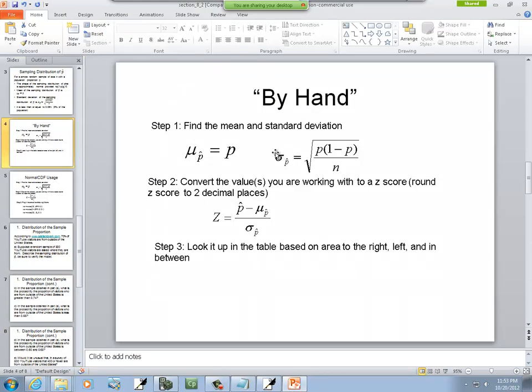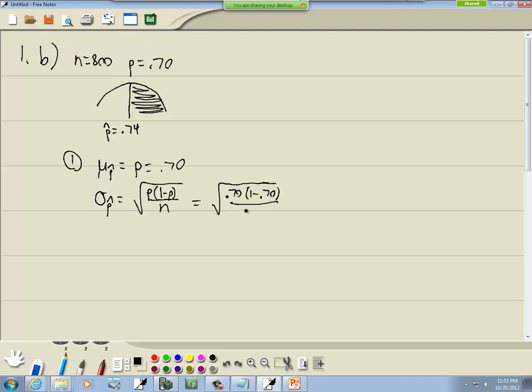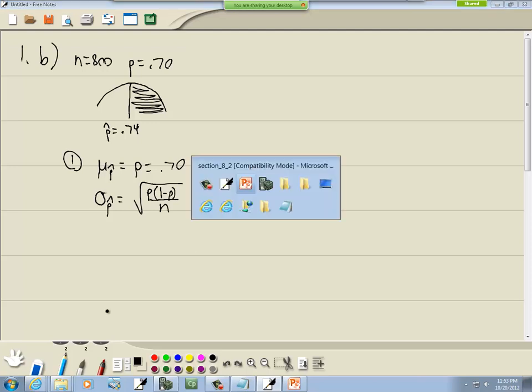So if we come up here, we'll find the mean and standard deviation just like before. So we got mu sub p hat is equal to p, which is 0.70. Sigma sub p hat is equal to square root of p times 1 minus p divided by n. So we have 0.70 times 1 minus 0.70 divided by 800 equals.